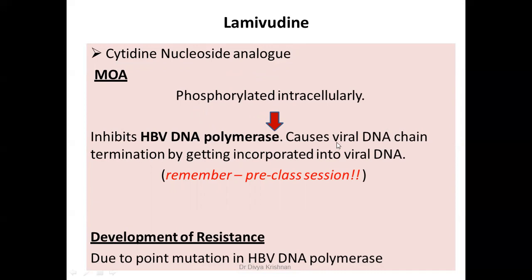It will cause viral DNA chain termination by getting incorporated into the viral DNA. This indirectly inhibits the HBV DNA polymerase, something very similar to what we have seen with acyclovir.